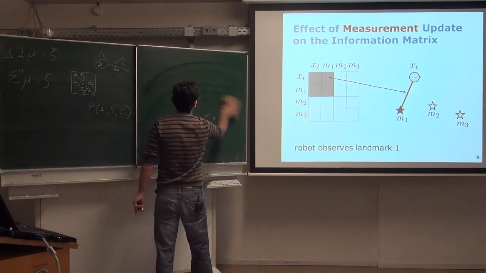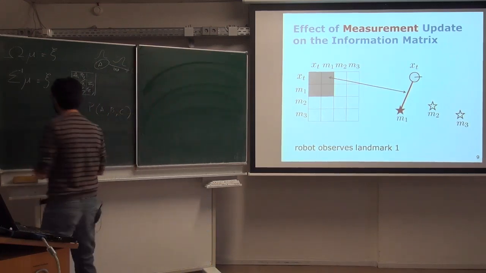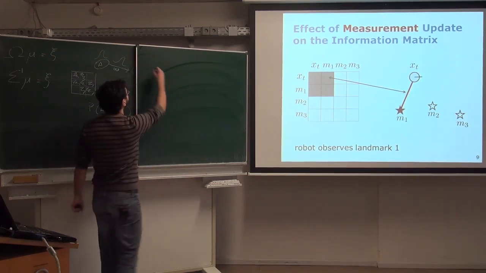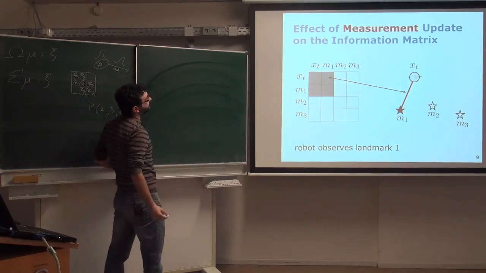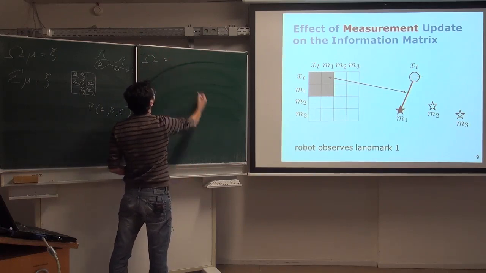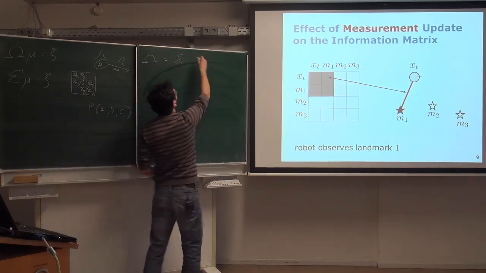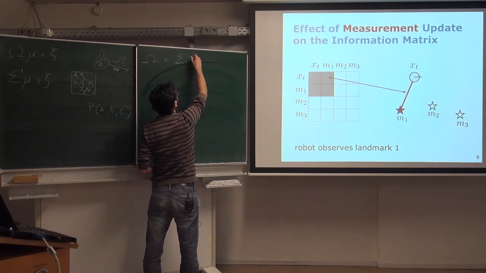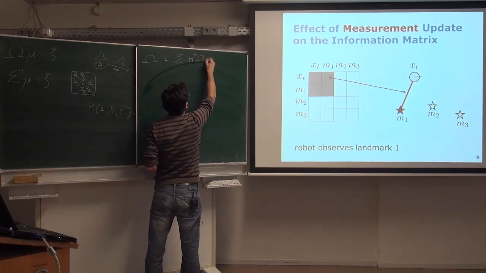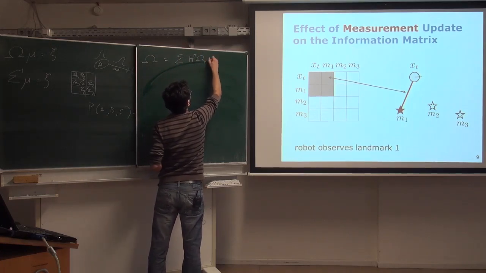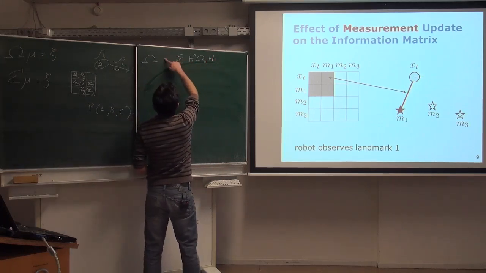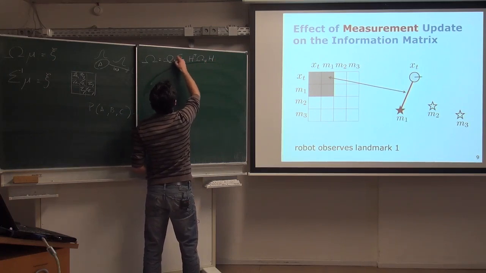So do you remember how we do the update of the information matrix with the information filter? The update of the information matrix in the linear case is something like we have omega, which is equal to the sum of the individual H transpose, the information matrix of the observation, H. And that's this plus that.